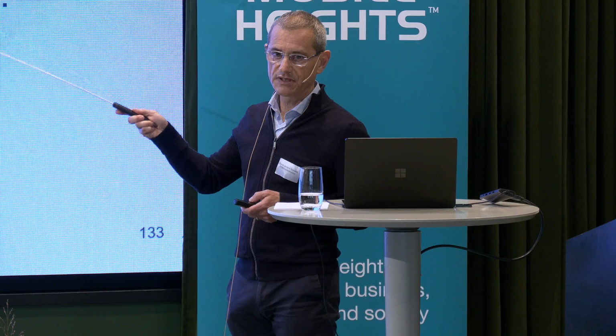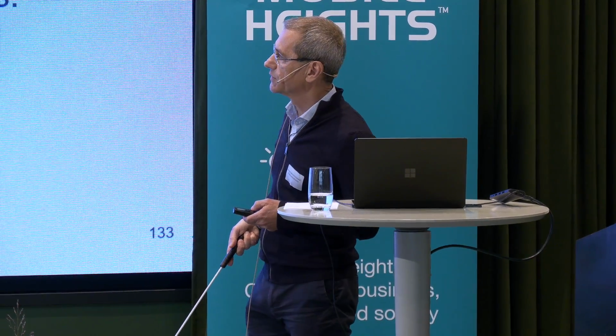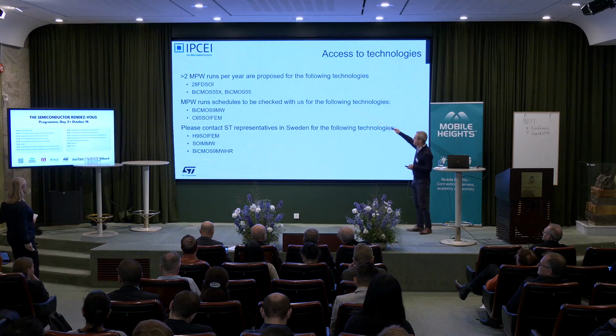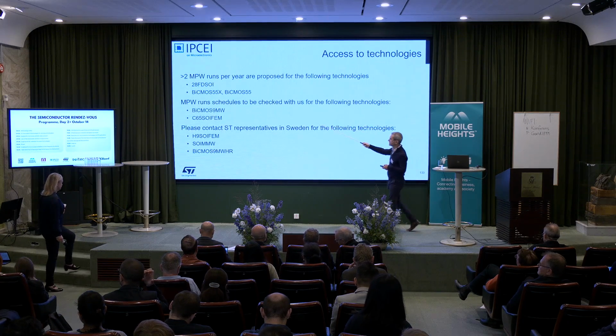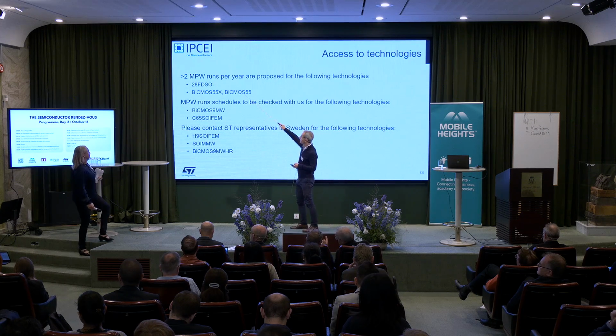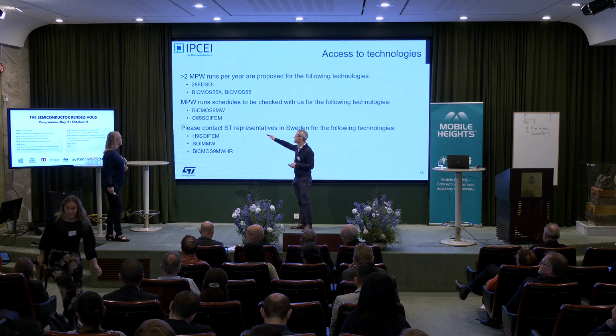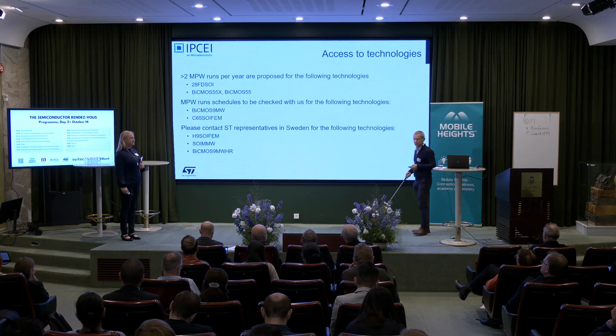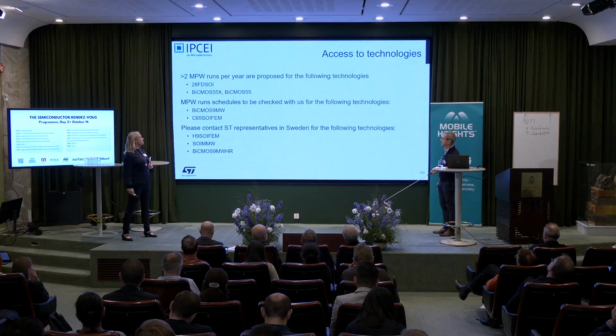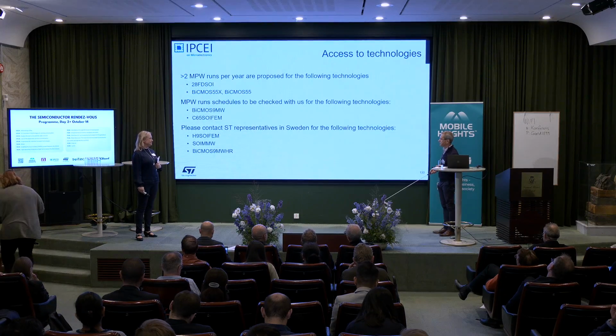These are set as priority for the new organization to start with. And then we should have some opportunity for the BiCMOS 9MW. This is 200 millimeter here. The other ones are 300. This one is a 300. This one is a 200. And so we should offer also some runs, not so often as the previous technologies.